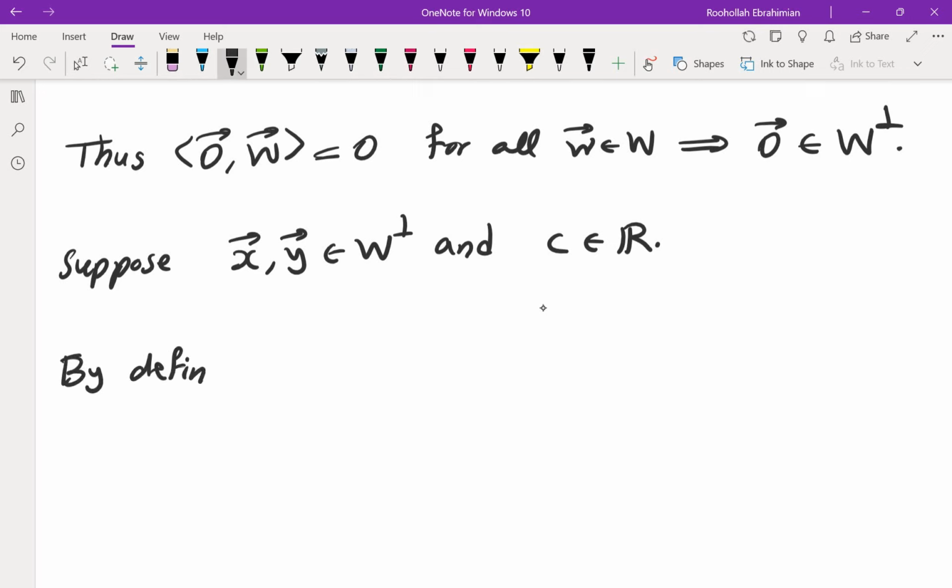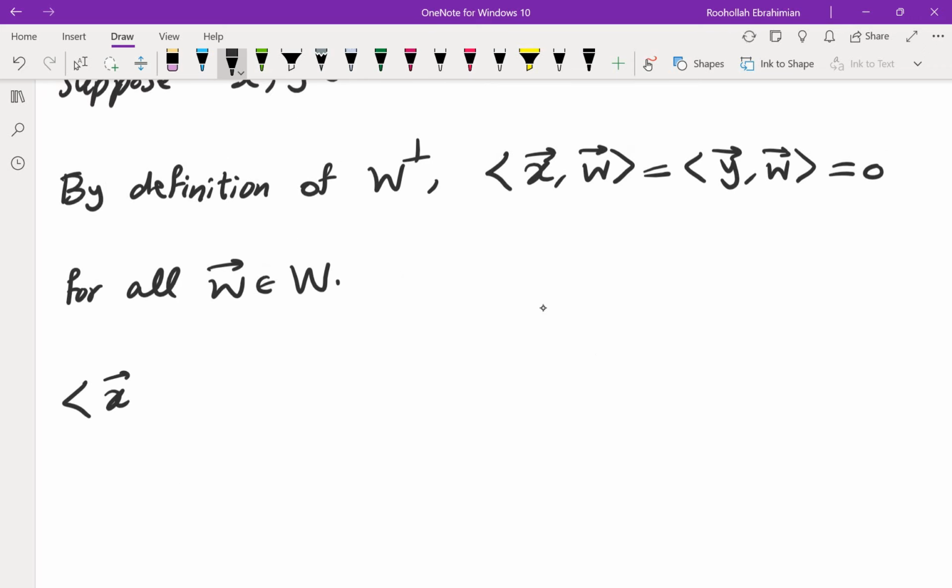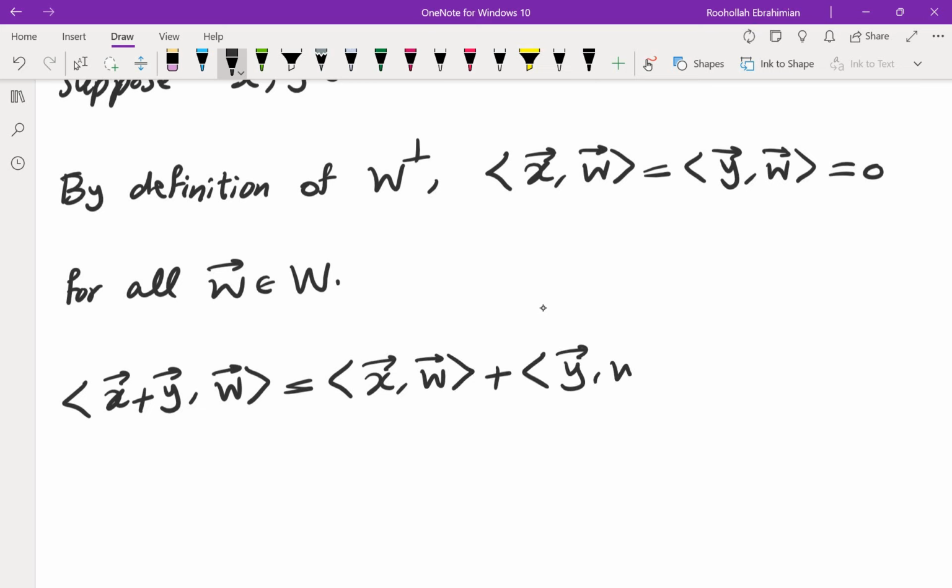By definition of W perp, the inner product of x and w and of y and w are both 0 for all vectors w in W. Now if you look at the inner product of x plus y with w, that would give you the inner product of x and w plus the inner product of y and w, and of course both of these are 0, so this would be 0.